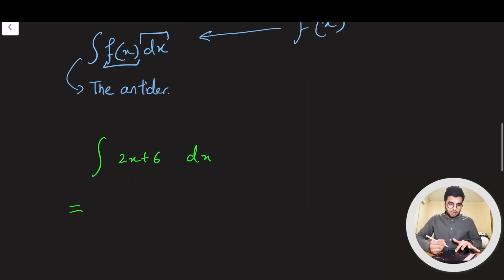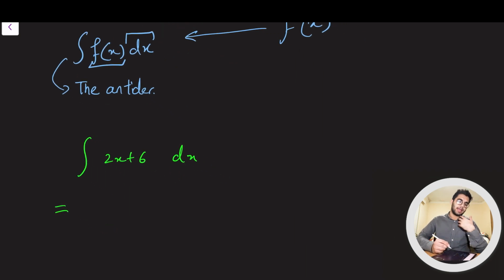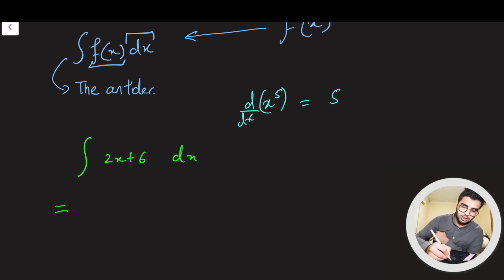All right. Like I said, anti-differentiation is the opposite process, the process that undoes the differentiation. So if we have a function like x to the 5, when we find its derivative, we go and do this.